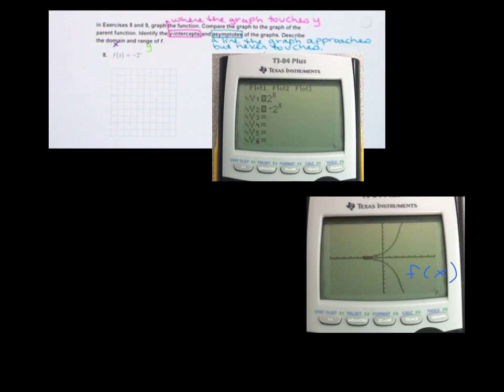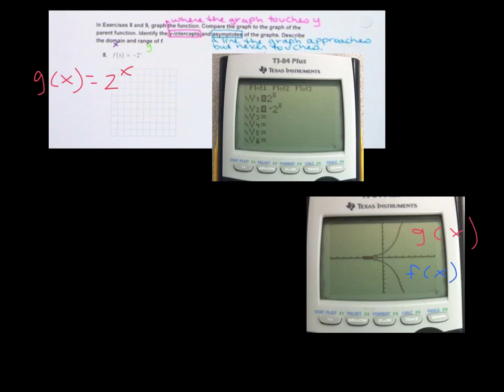So in this one, the one that they gave me, a is equal to -1 because that was -2. B is equal to 2. So for my parent function, which I'm going to call g of x, is actually equal to 2 to the x power. So this top graph represents g of x, okay?